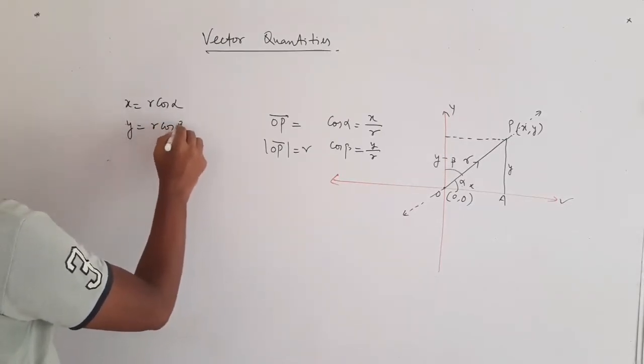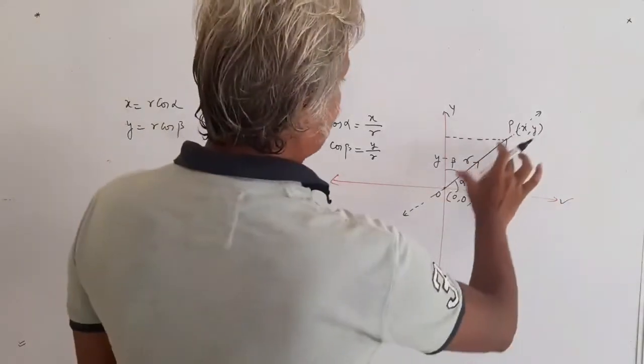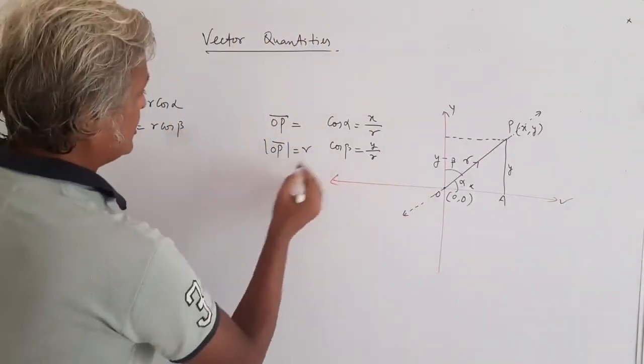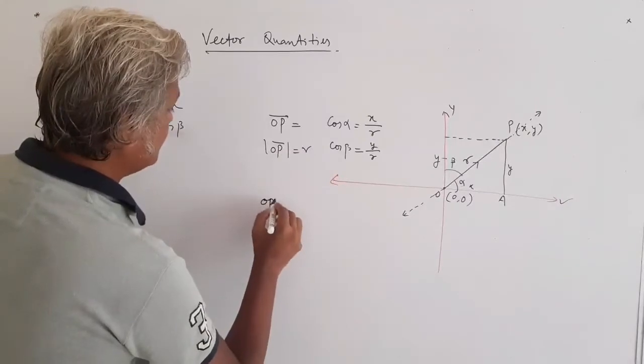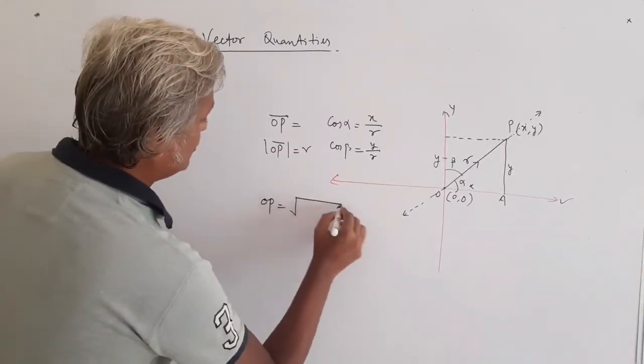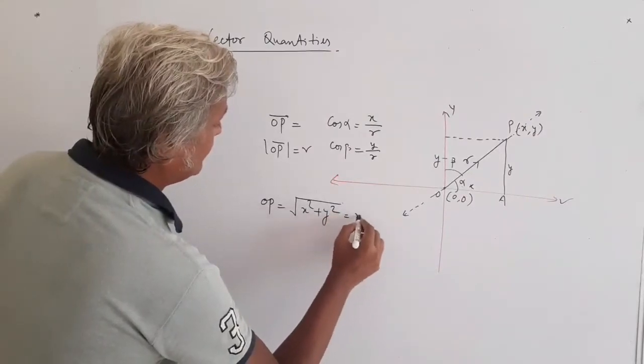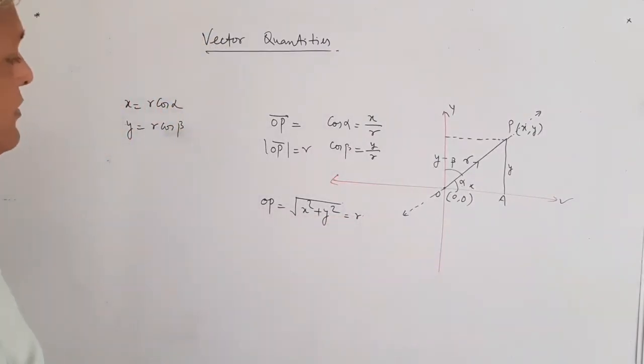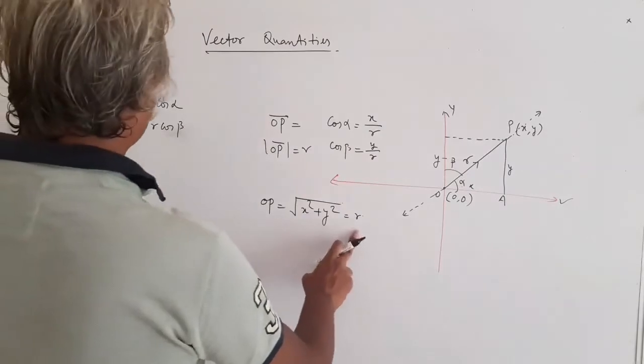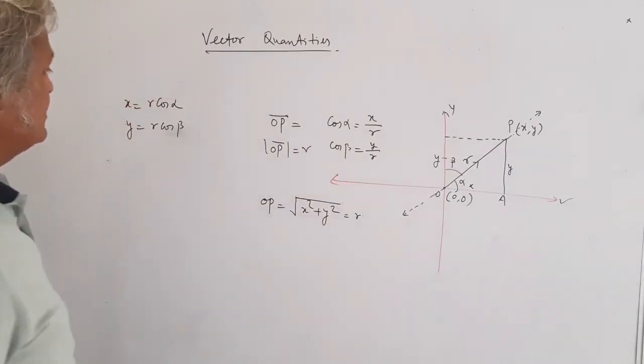Now if you see this direction OP, what is OP? The modulus of OP is under root x square plus y square, and this quantity we call r. So r square equals x square plus y square.